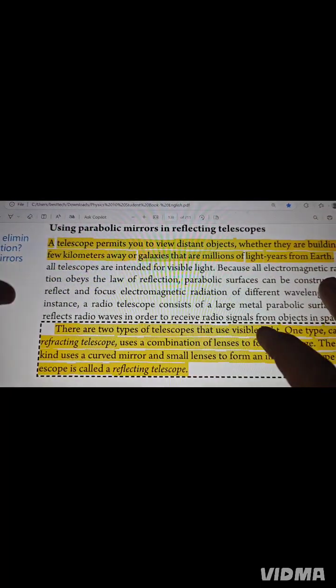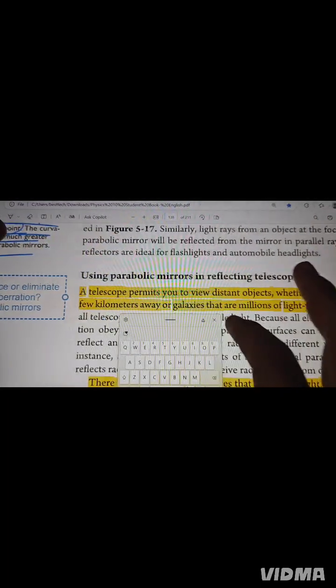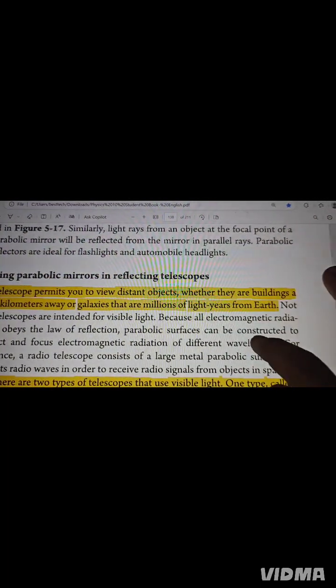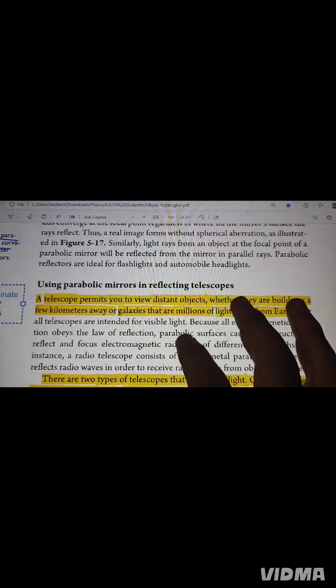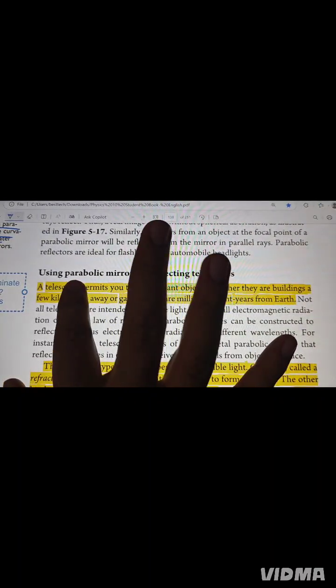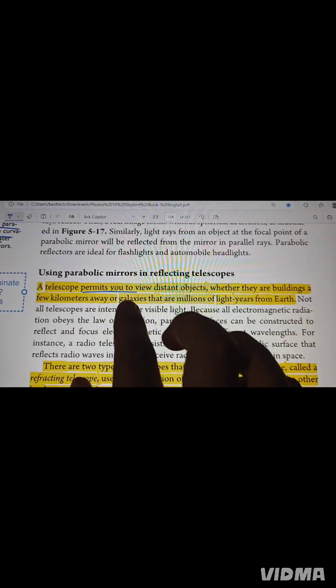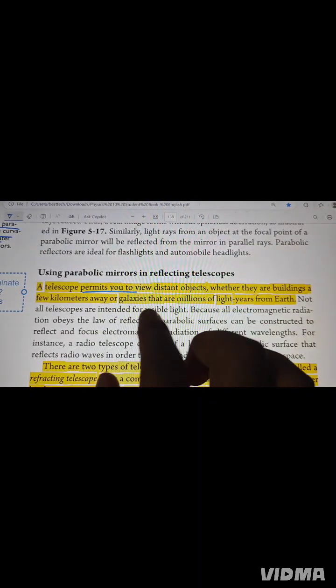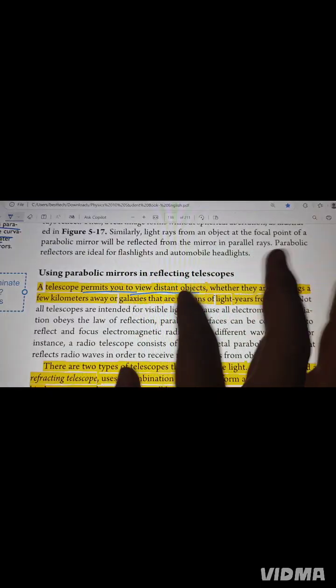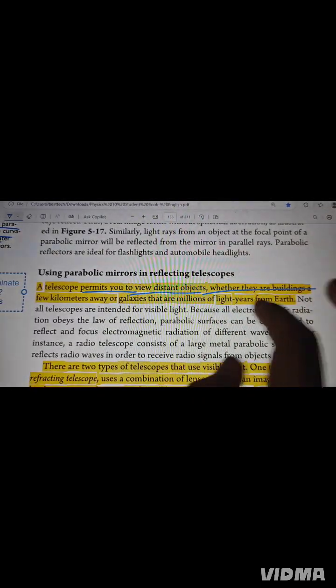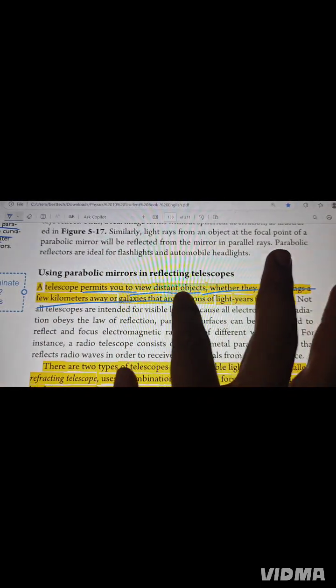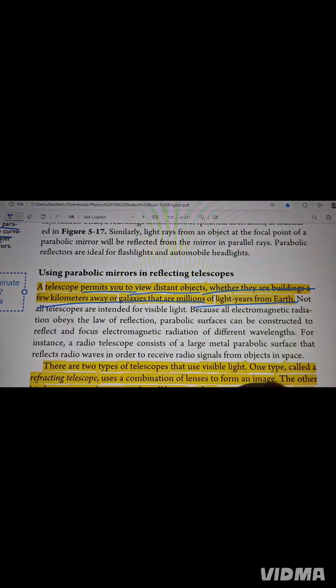One thing that's left here is the telescope definition. I think all of you know what a telescope is. A telescope permits you to view a distant object, whether a building a few kilometers away or a galaxy that is millions of light years from the Earth.